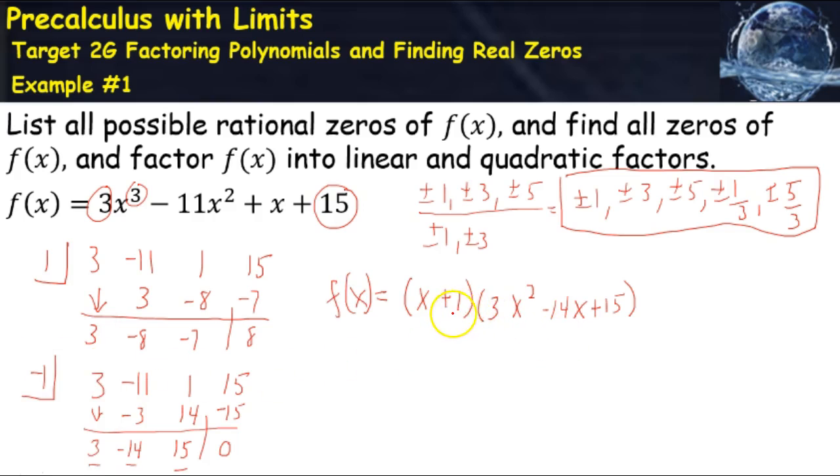So we need to factor x plus 1 times 3x squared minus 14x plus 15. So I have x plus 1, and then 3x and x, and then we have 5 and 3. I'm going to try 5 here and 3 here, and we need the x's, so let's check.